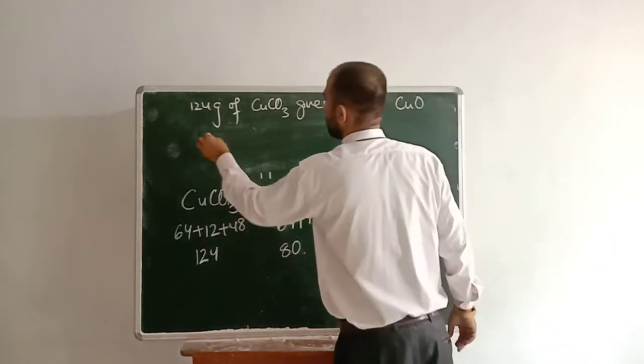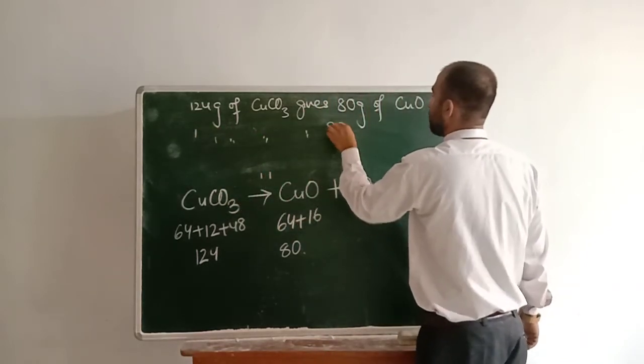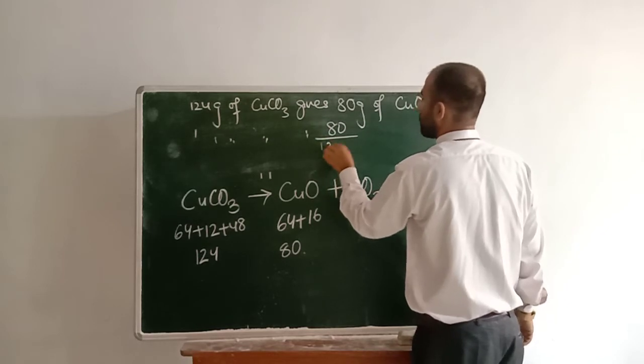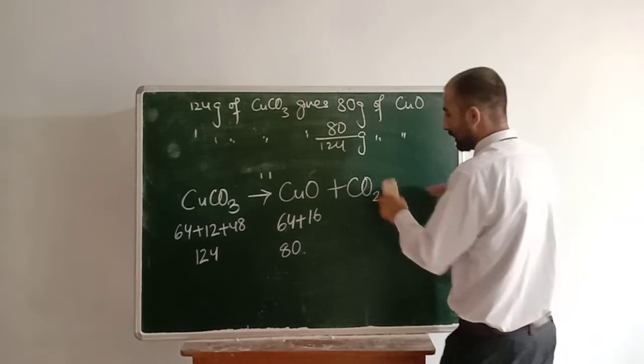That means 1 gram of copper carbonate gives 80 by 124 gram of cupric oxide.